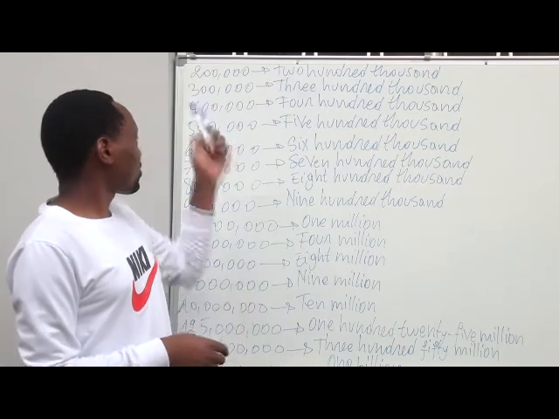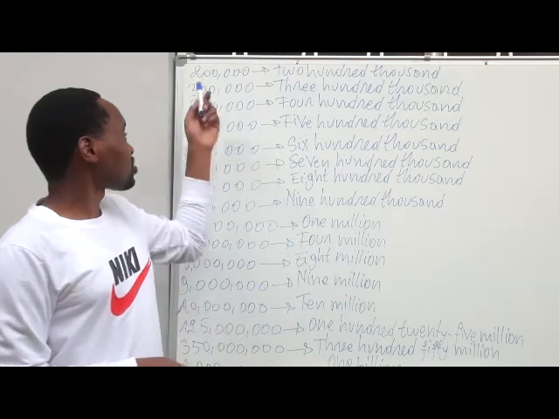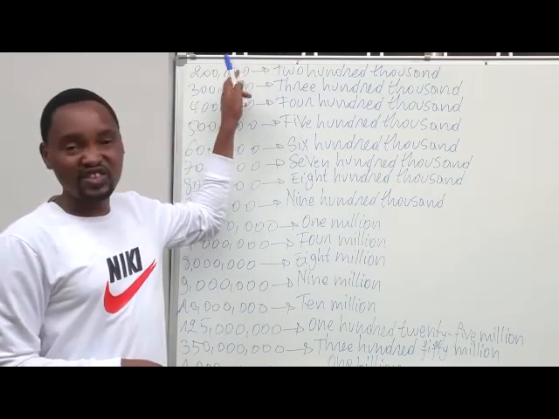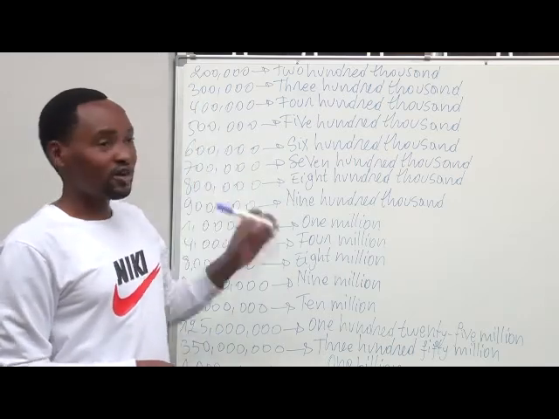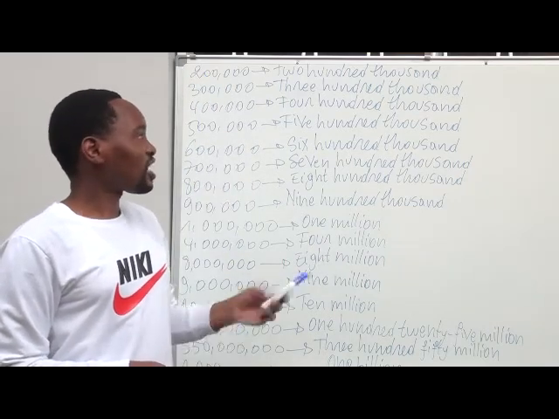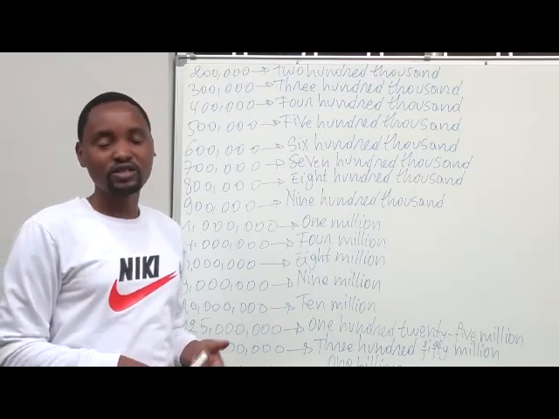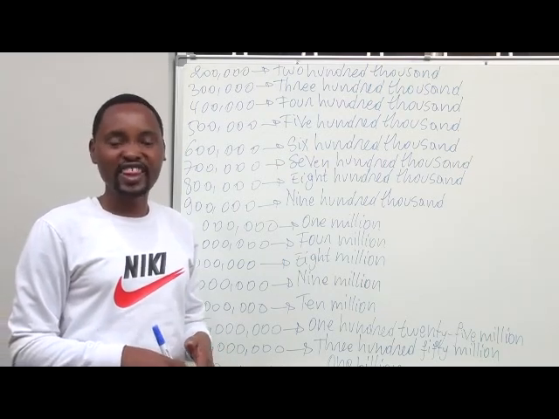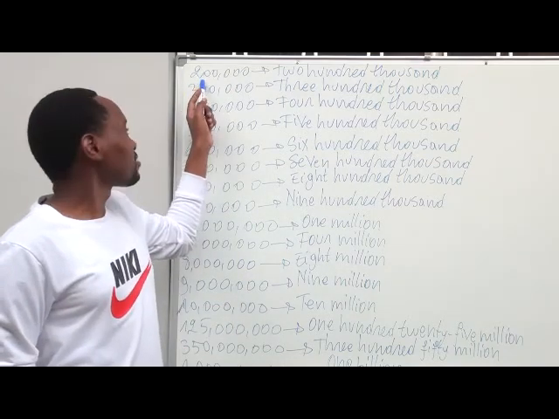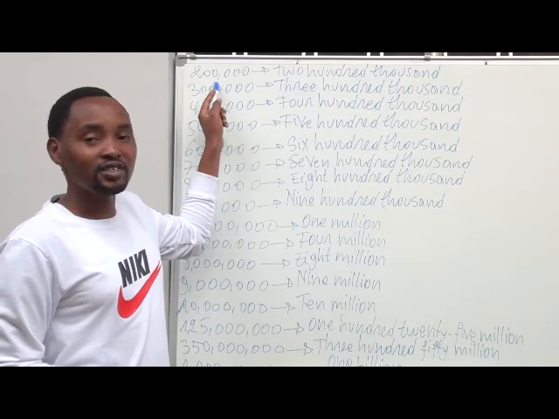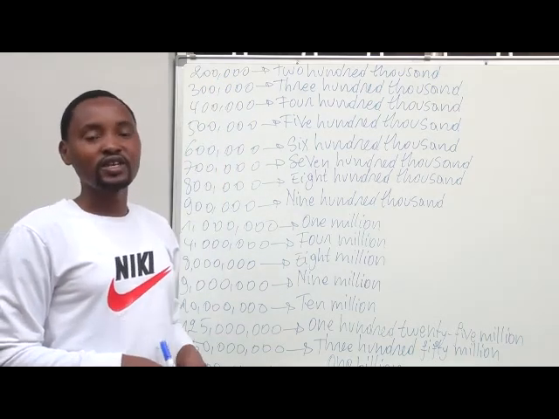So here we have 2, 0, 0 and 3 zeros. We will say 200. These 3 zeros we say 1,000. So this number is 200,000. It's like 2 multiplied by 100 and multiplied by 1,000.